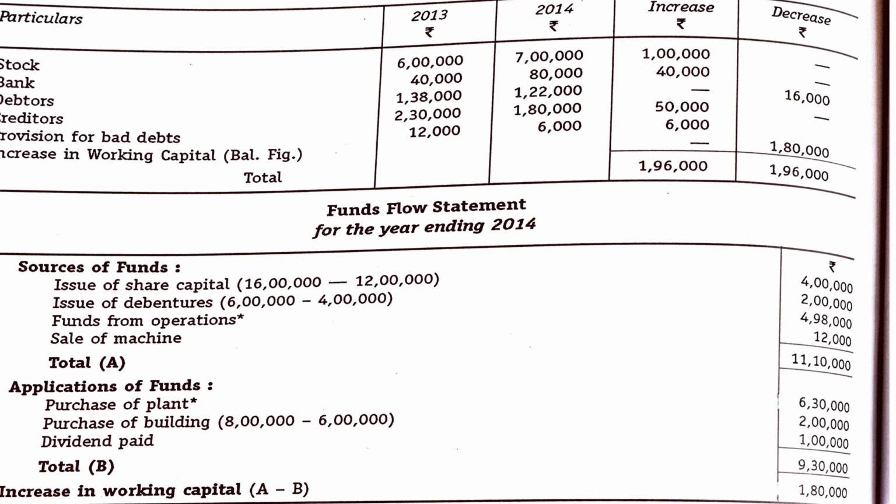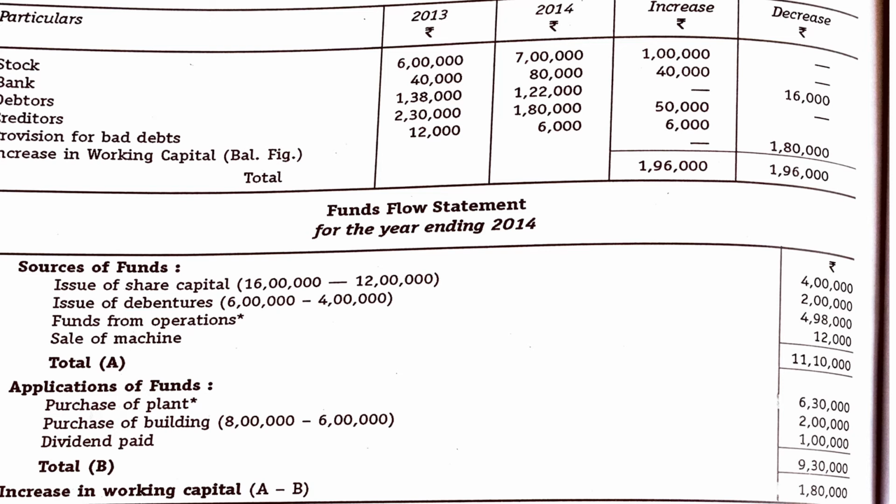Debtors 1,38,000, 1,22,000. Here the value of debtors decreased to the worth of 16,000 and also decreased the working capital for the same amount. Creditors 2,30,000, 1,80,000. According to the rule, decrease in current liability increases the working capital for the same amount.